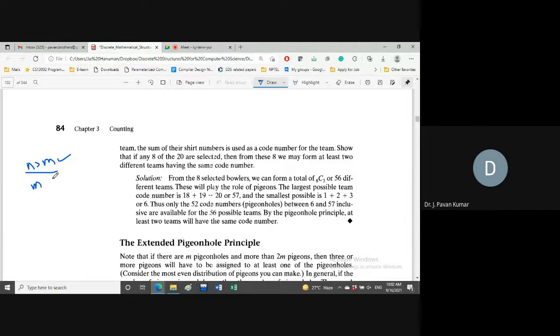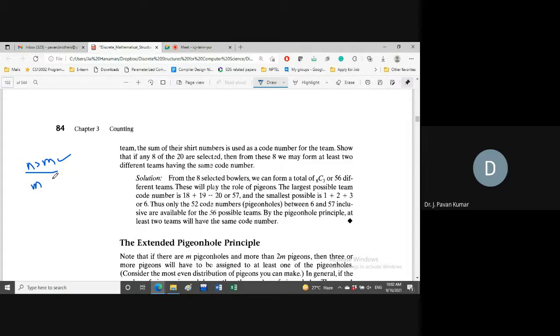Now consider five pigeonholes and six pigeons. Then we can say at least one pigeonhole will have more than one. That is meaningful, useful information.